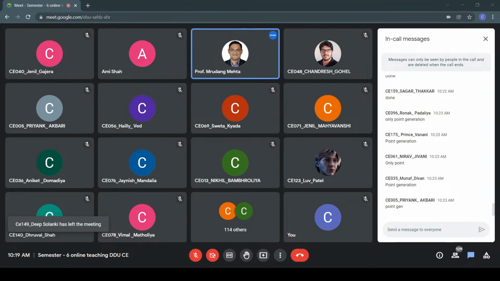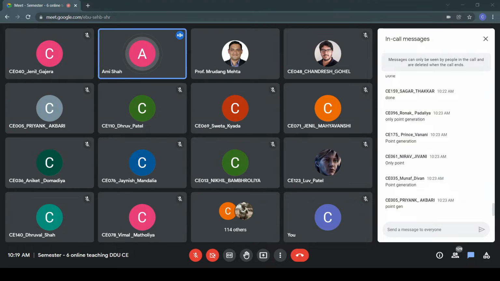What do you think? In this lab, we will only cover point generation. Those who are not regularly typing, if you have done some work up to point generation, then please type that you have finished.